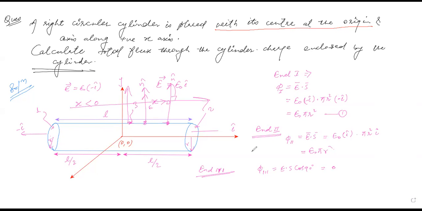Have you noted it? Yes. And now, what is the total flux? Your total flux phi is equal to phi 1 plus phi 2 plus phi 3.